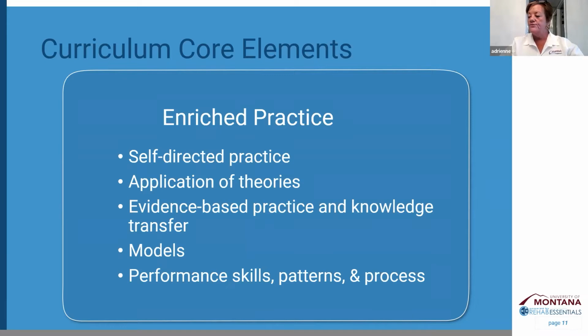How do we transfer our new knowledge to others and other healthcare professionals? How do we infuse and use models to shape what it is we are doing in the clinic, and how do we examine and continuously look at performance skills, patterns, and processes to enrich practice and our ability to advance our clients?